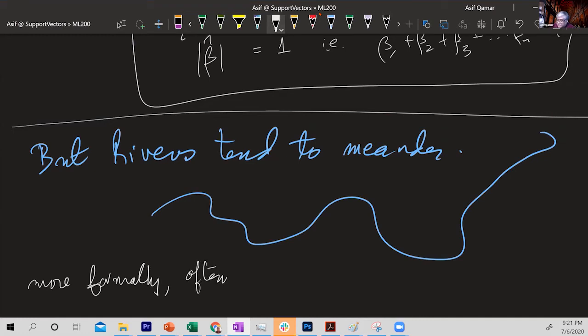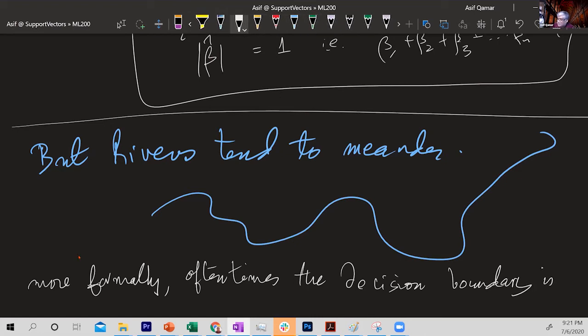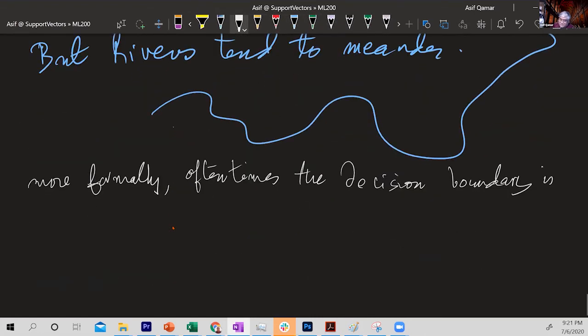oftentimes, the decision boundary is nonlinear, is a nonlinear surface, hypersurface, is it? Isn't it?